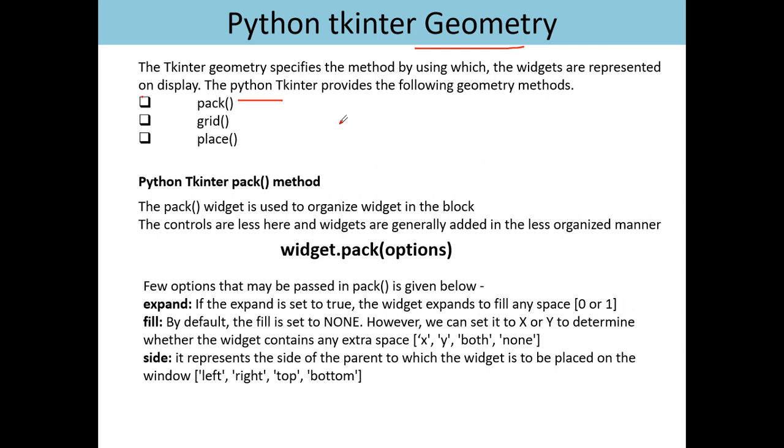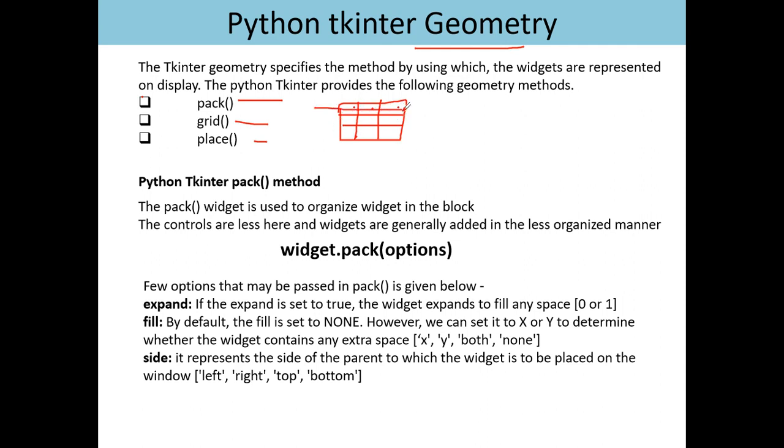Now pack is the basic and simplest operation among all these. What is grid and what is place? First I am telling you what is grid. Inside a grid concept, you can think of the whole window just like a cell, like an Excel worksheet. So this is your 00, this is your 01, 02.